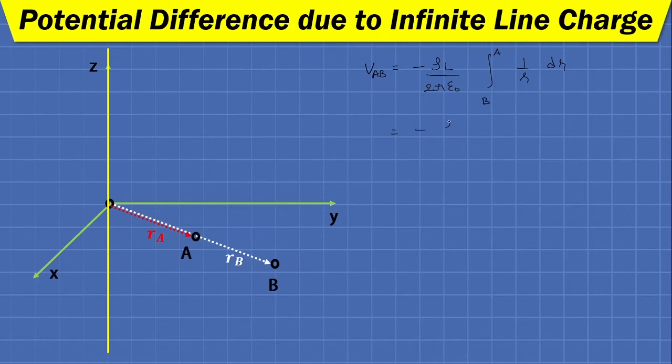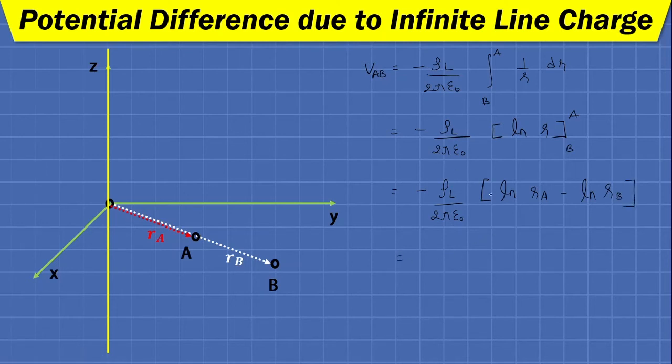So again, negative of rho L upon 2 pi epsilon naught, this integration will be natural log, or log to the base e, of the variable r. The lower limit is B, the upper limit is A. So we will have negative of rho L upon 2 pi epsilon naught ln RA minus natural log of RB.